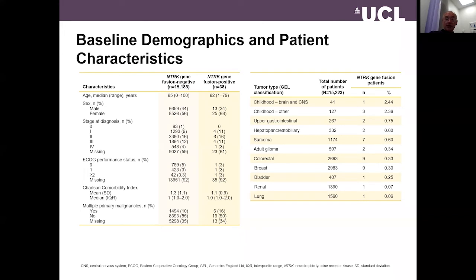You can see that it's actually what it says on the packet: TRK gene fusions occur across all cancers, some more than others, but really it's a pan-cancer phenomenon. 0.06% of lung cancer patients is diminishingly rare, and if we've got time, maybe we'll go into whether it's in some ways almost ethical to even consider the question.